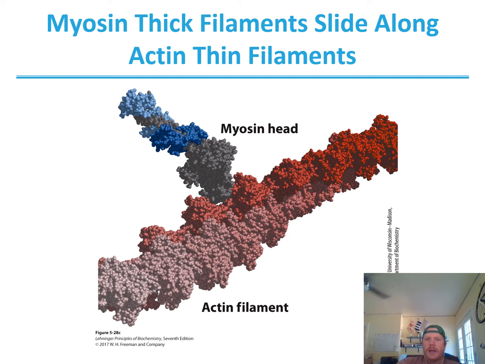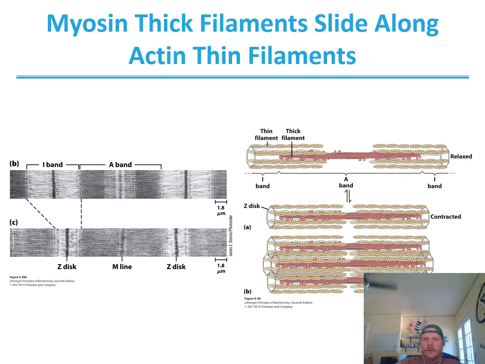So here's a myosin head group, where the N-termini of our heads are going to attach themselves to the thin actin filaments. If I could draw these in a little bit, this is our myosin, and these are actin.